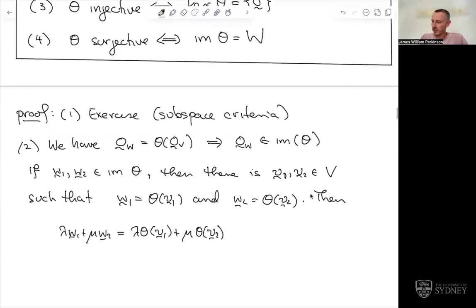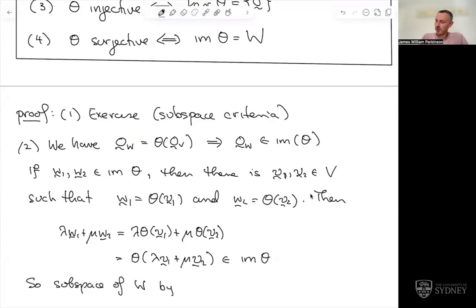But now this is exactly set up so that I can use the property of being a linear transformation, and so this is theta of lambda v1 plus mu v2, which is in the image of theta. Why is it in the image of theta? Because I've expressed it as theta of something, and that's what it means to be in the image. Okay, so it is a subspace of W by the subspace criteria.